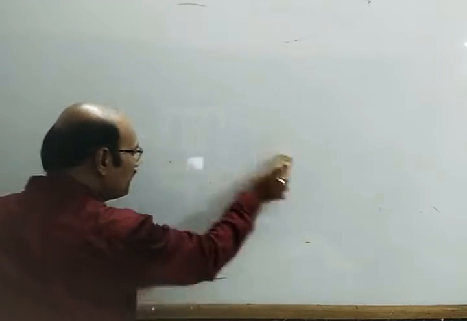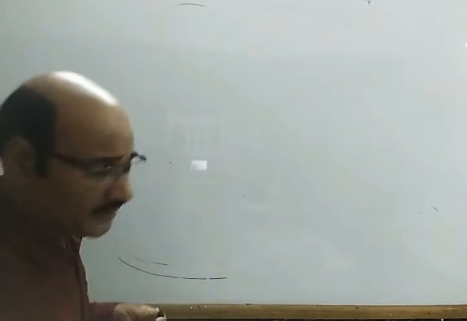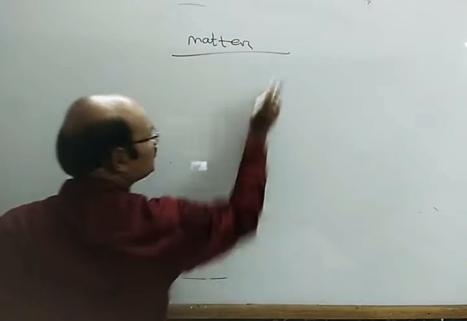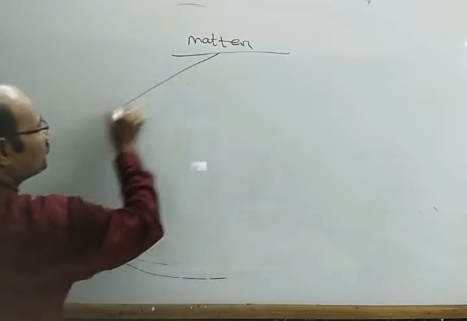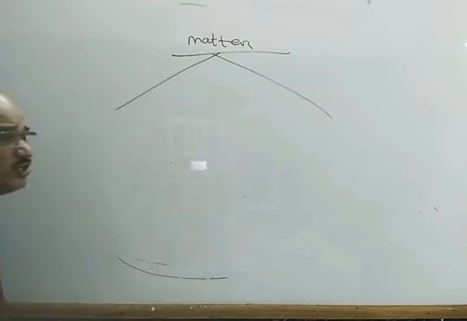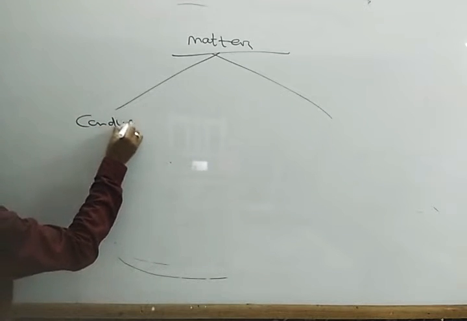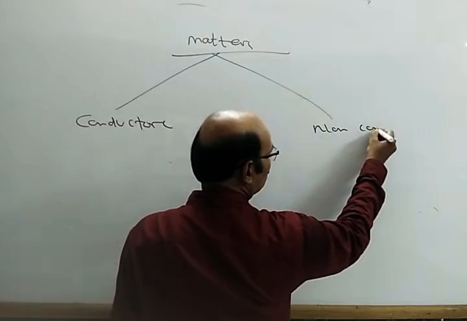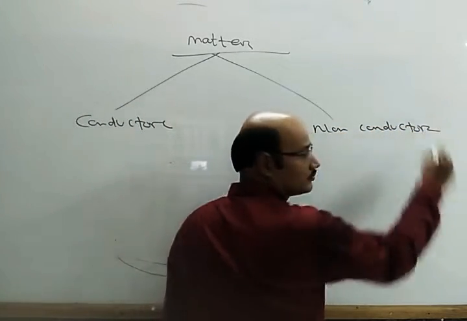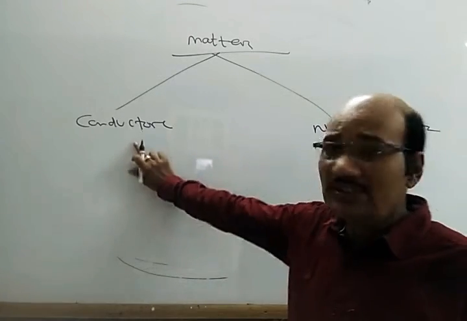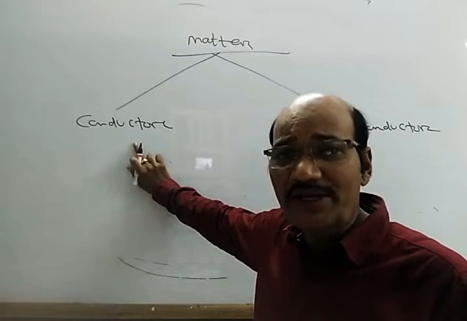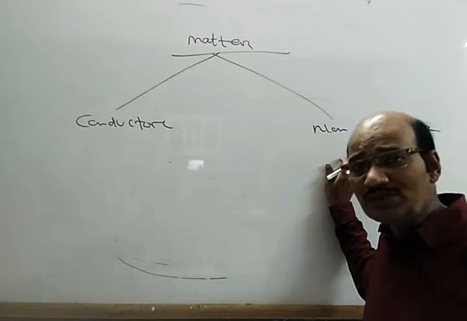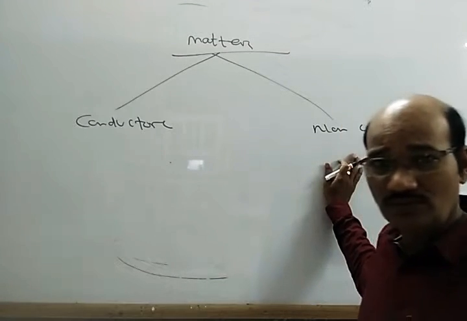Depending upon the flow of electric current, matter is divided into two categories: conductor and non-conductor. Conductors are those through which electric current can pass. Non-conductors are those through which electric current cannot pass.